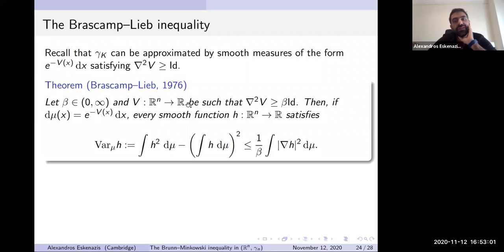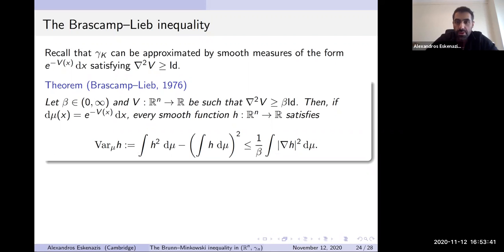So Brascamp and Lieb in '76 proved a very important inequality, which is basically the Poincare inequality for measures satisfying this potential lower bound. So if the Hessian of the potential is bounded below by beta times the identity, and you have this measure e to the minus v of x dx, then the variance of the function with respect to the measure, which is the integral of the function squared minus the square of the integral of the function, is bounded above by 1 over beta times the integral of the gradient squared d mu.